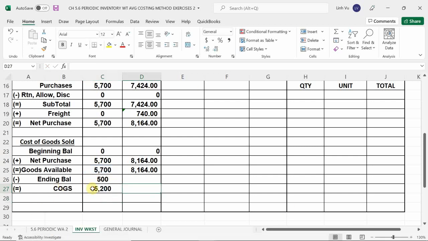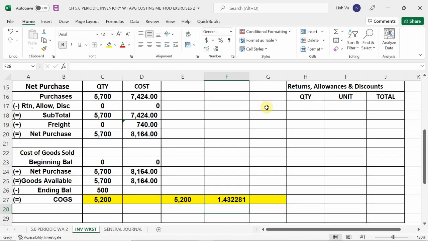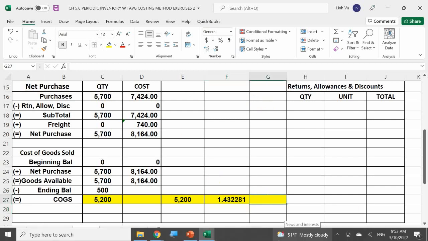Because we already solved for our average cost per item from above, all I have to do is simple math here. I got the 5,200 that I need to sell at $1.432281.